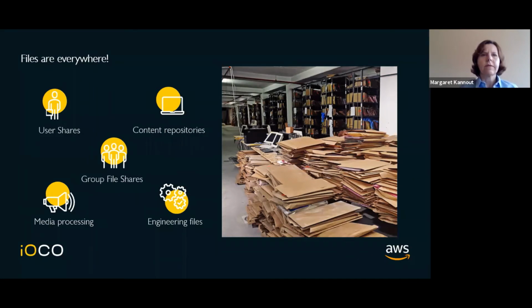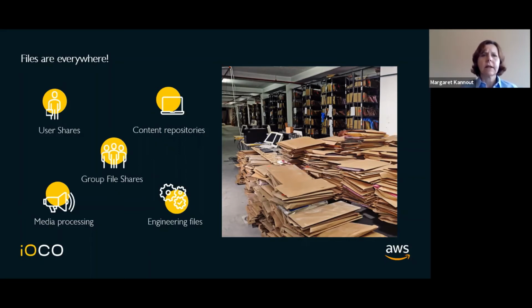Well, I think we can all agree that file data is pretty much everywhere. It's rapidly growing and almost never shrinking. A lot of this data is unstructured data in the form of office documents, media or engineering files. They are stored in user shares and application data.